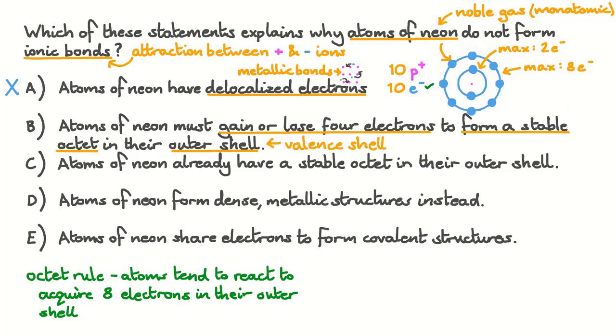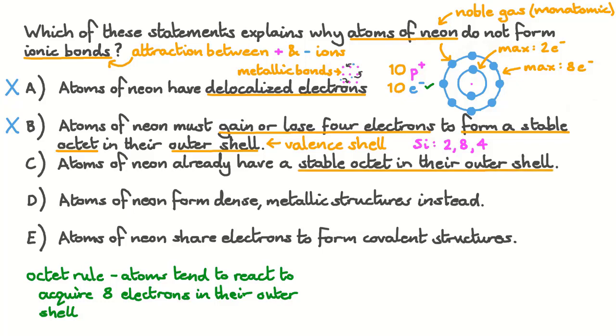So we've accounted for the locations of all 10 electrons. 8 electrons is an octet, and the second electron shell for a neon atom is the outer shell, so we don't need to lose or gain electrons in this shell to form an octet. However, if for instance we were dealing with atoms of silicon with electron configuration 2,8,4, we could lose 4 electrons to have 2,8, or gain 4 electrons to have 2,8,8.